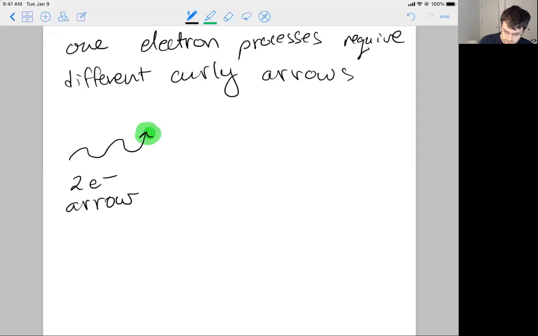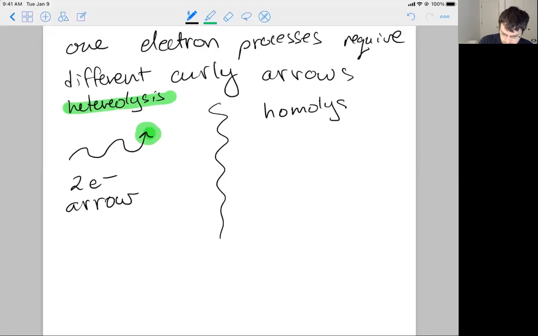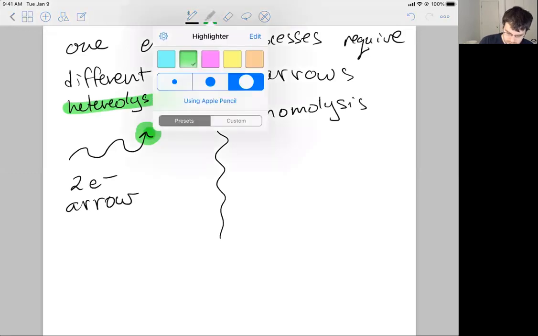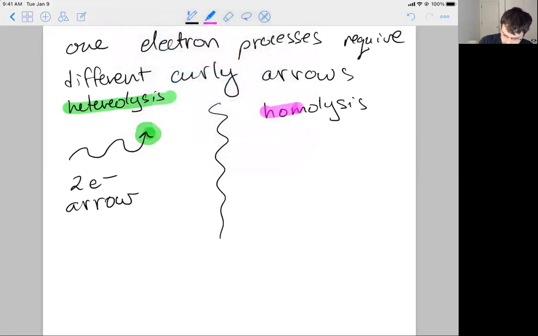Now what I want to do for 1 electron processes, so this was for heterolysis, and I'll have some sort of color matching for people that review this later. In the case of homolysis, okay, we're going to change the arrow slightly. We're going to delete half of the arrowhead. So we have a half arrowhead.